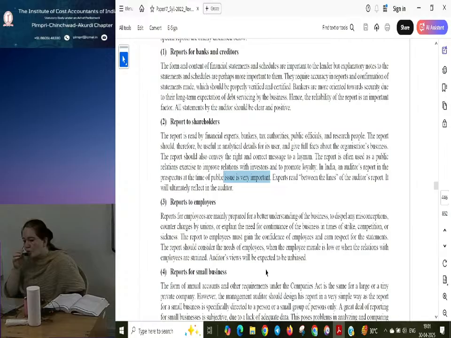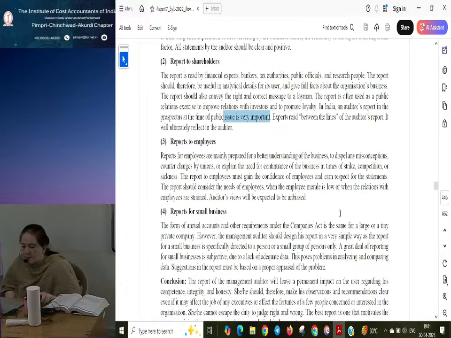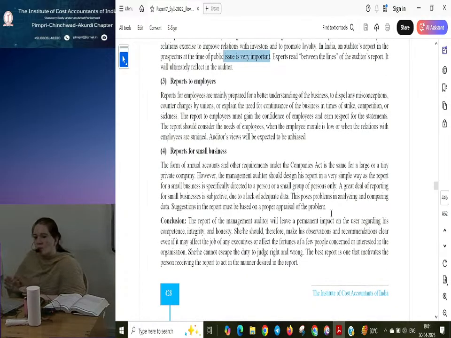Then reports for small businesses. Small businesses have fewer systems and fewer resources, and at the same time they cannot be compared with big companies. So the report should be in a very simple manner.